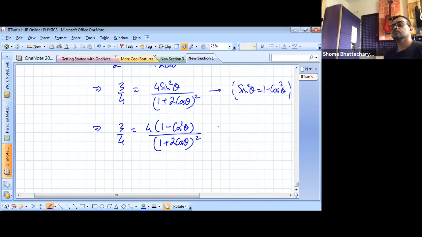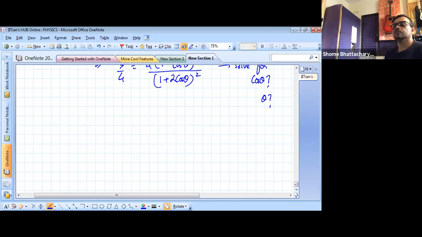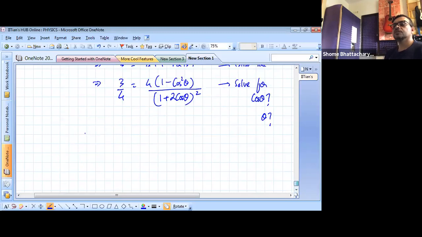Now we will solve this for the value of cos theta, so that from that we can get theta. It's a quadratic equation in cos theta, you can see. We just cross multiply. So 3 times 1 plus 2 cos theta the whole square will become 16 times 1 minus cos square theta.